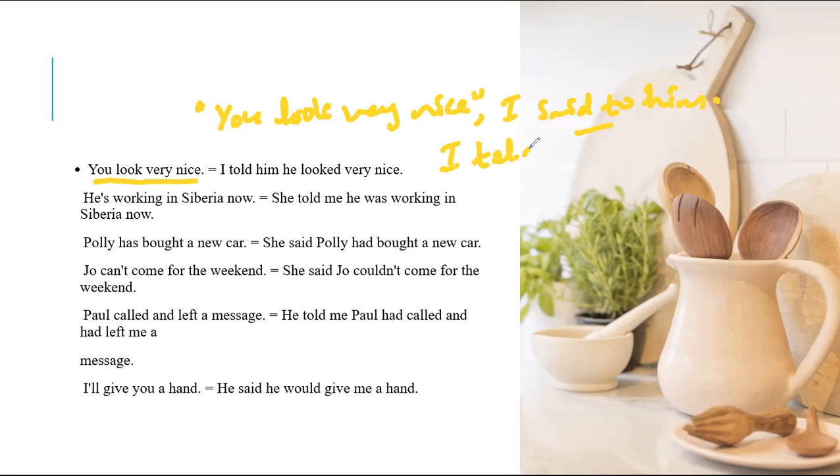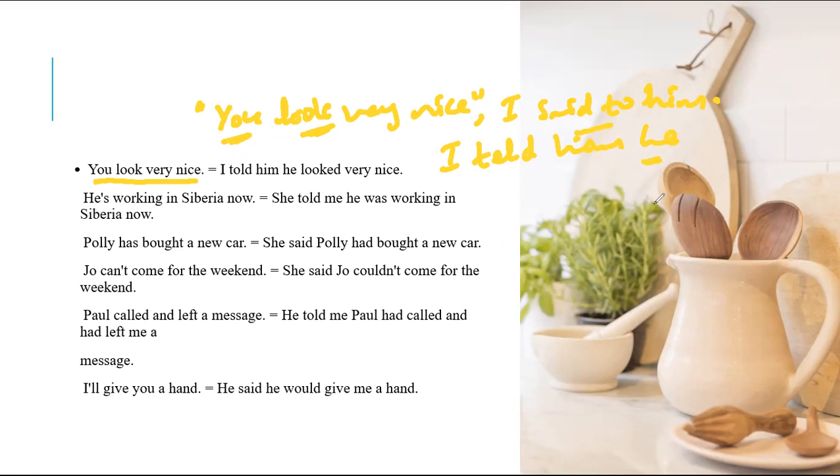I told him that, which is optional, he looked very nice. Why? Because I was talking to him, so here I can use the third person singular. When I was talking to him, I used the pronoun you.